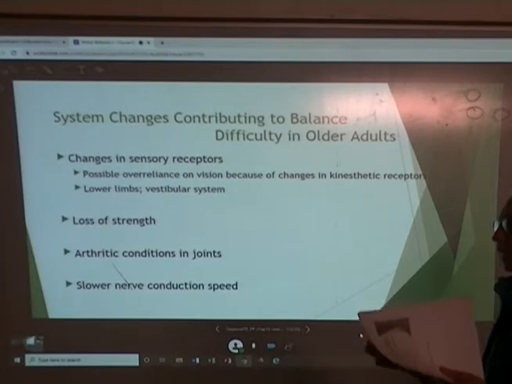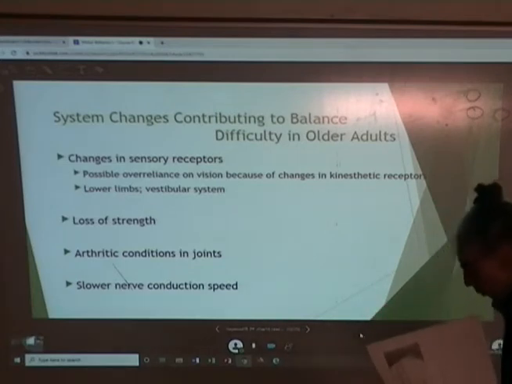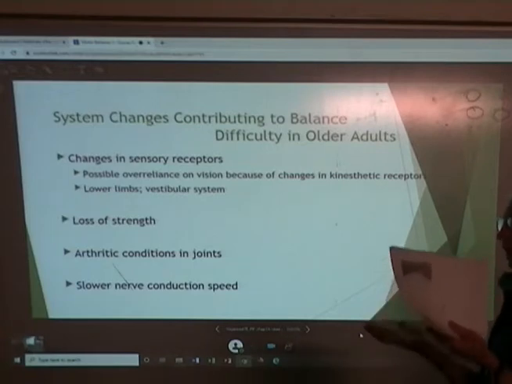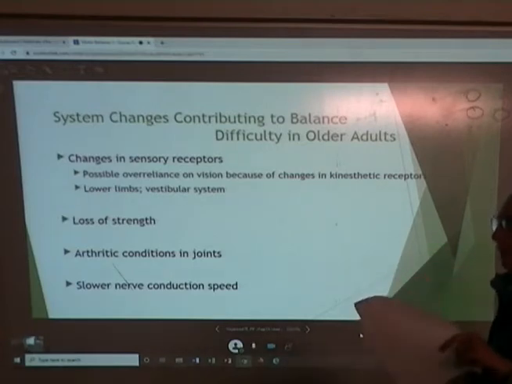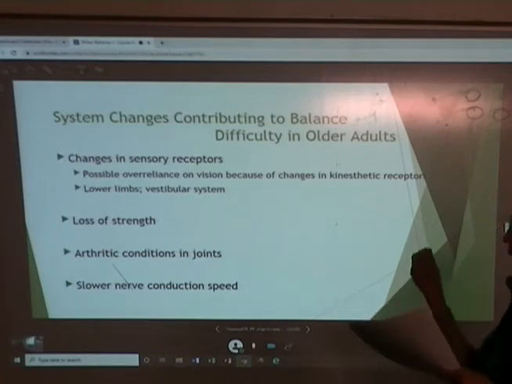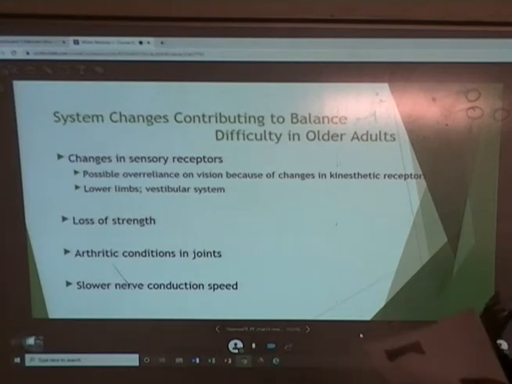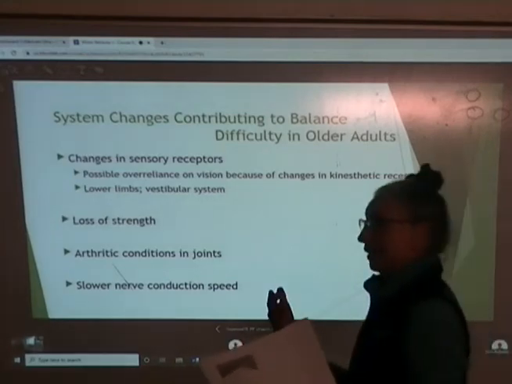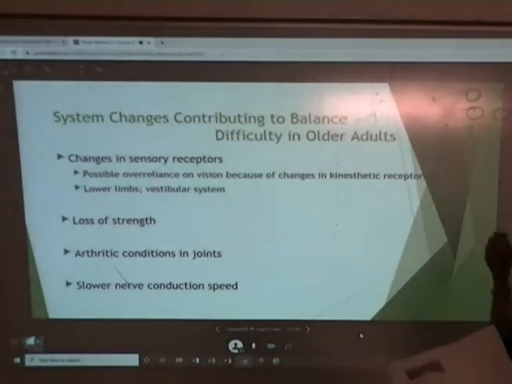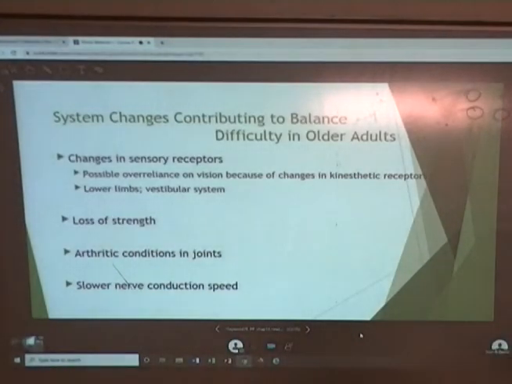So we see some degradation. So for example, particularly in the lower limbs, the pressure receptors in their feet or the joint receptors in their ankles and their knees, right? Don't quite do the job as well as they did when they were younger. And so they become much more reliant on that visual information again. And as we know, visual information can trick your brain.